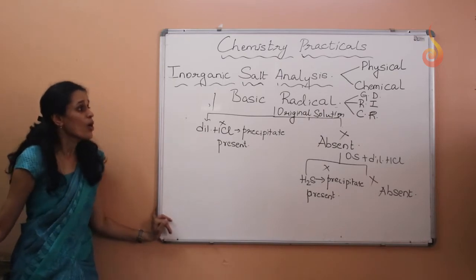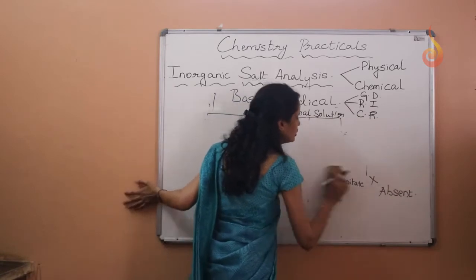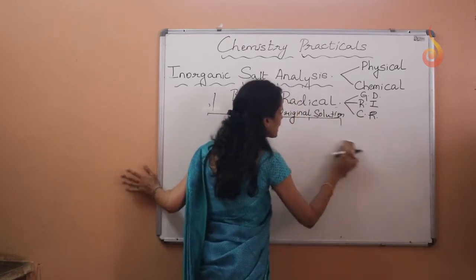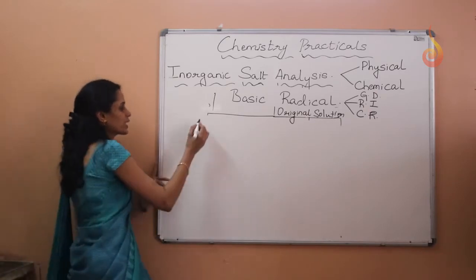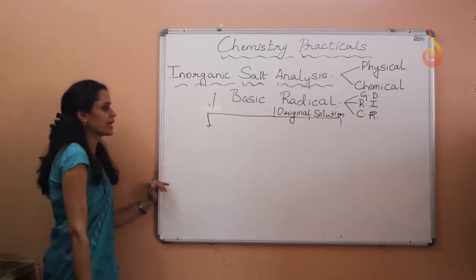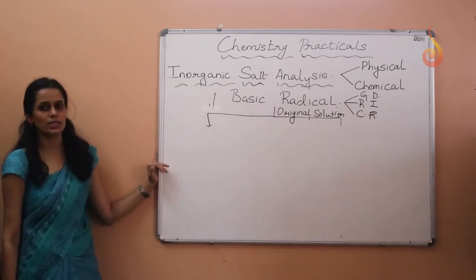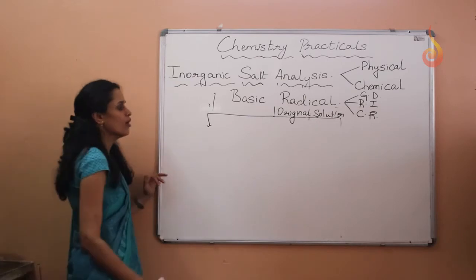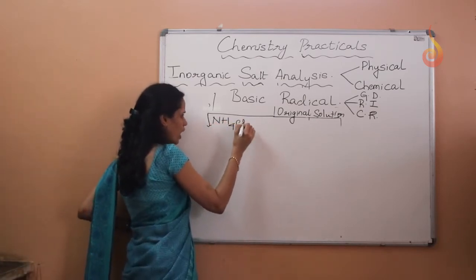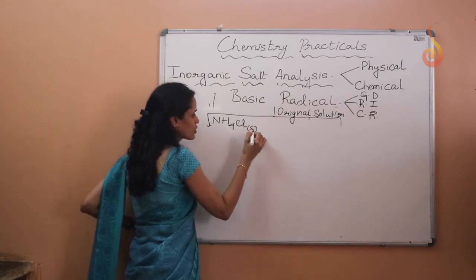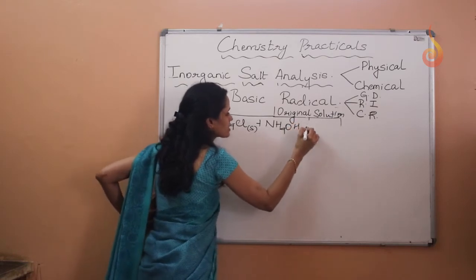So once we are done with the preparation of the original solution, we can directly start checking for the third group basic radical. Apart from the original solution, what other reagents do we use for the third group? One is ammonium chloride crystals and the other is ammonium hydroxide solution.